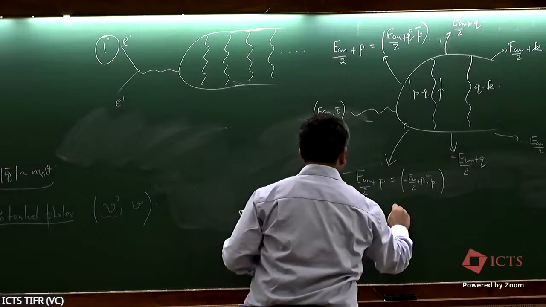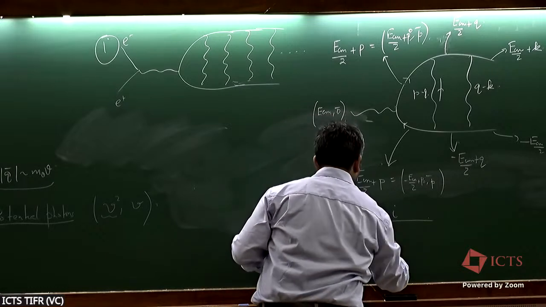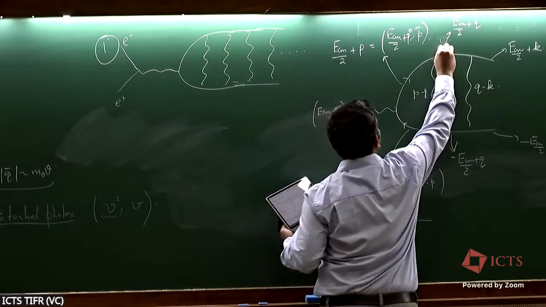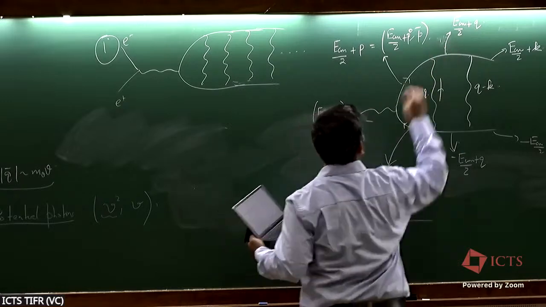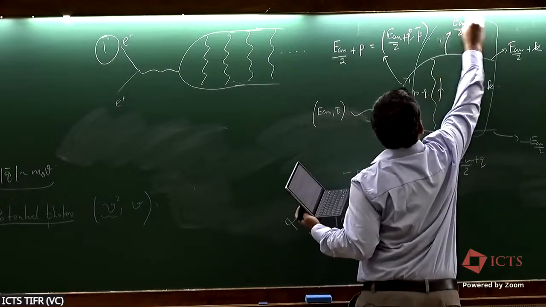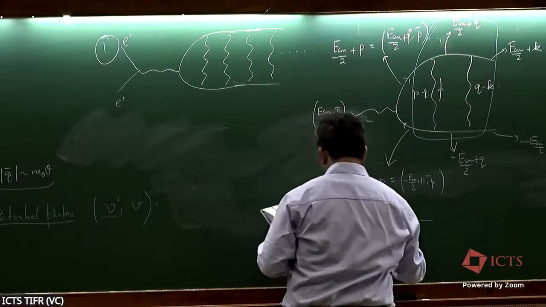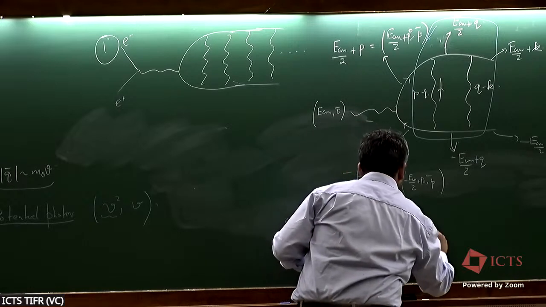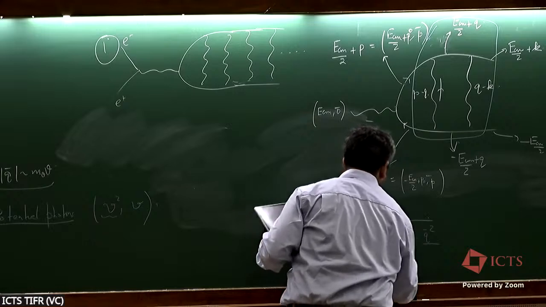I'm looking at this part: E/2 plus Q0 minus Q squared over 2M.